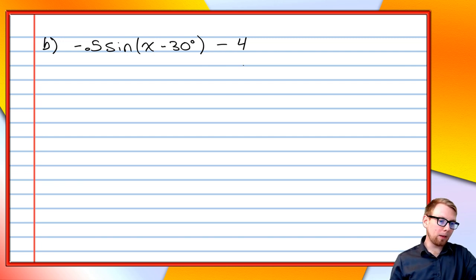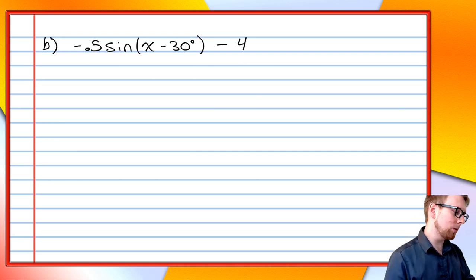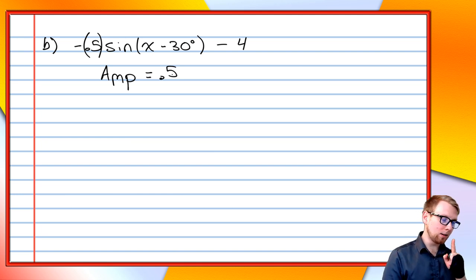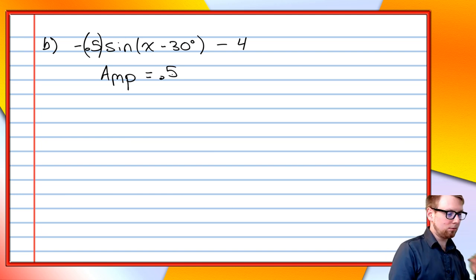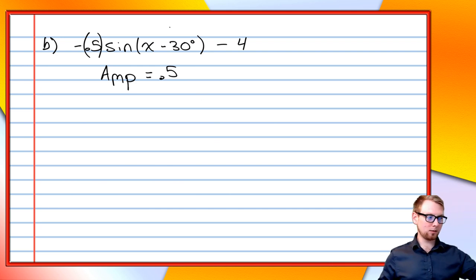Actually, amplitude and the minus sign are slightly different factors. So the amplitude would be the 0.5. The minus sign comes after that.